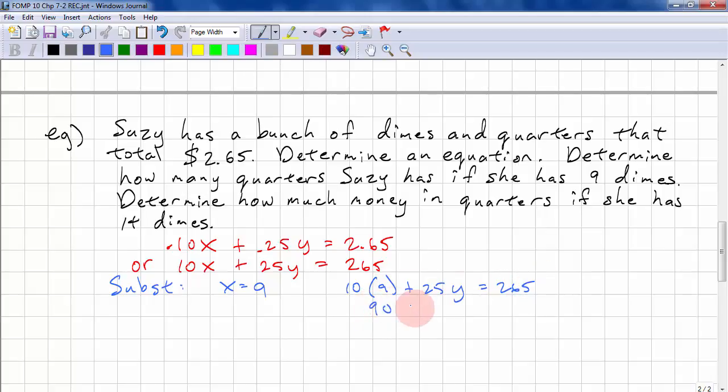So we have 90 plus 25y equals 265. We're subtracting 90, so that gives us 175. And then we're dividing by 25, and that gives us 7. So that's 7 quarters.